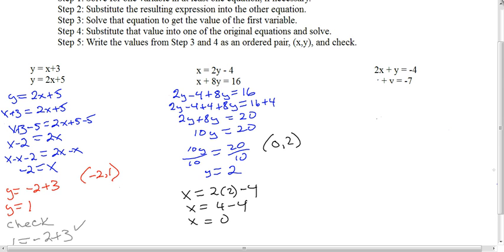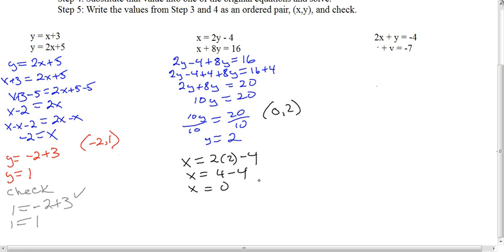So let's check, using the very easiest one, which is x is equal to 2y minus 4. x is 0. 0 is equal to 2 times 2 minus 4. 0 is equal to 4 minus 4, and 0 is equal to 0. So again, (0, 2) is a solution.